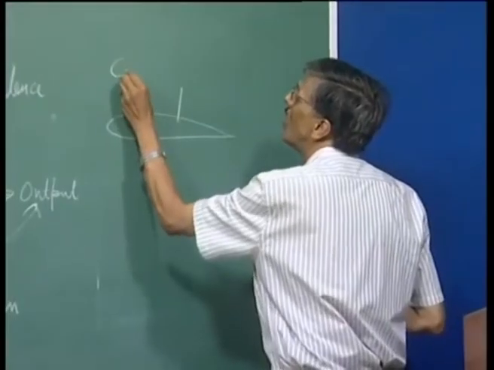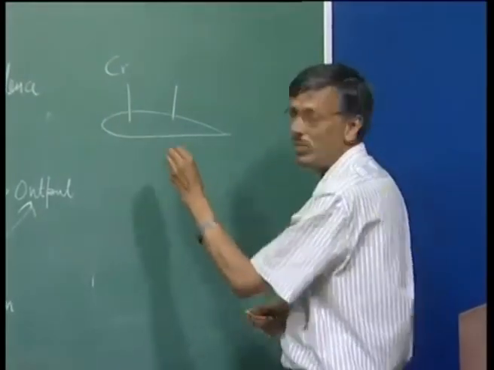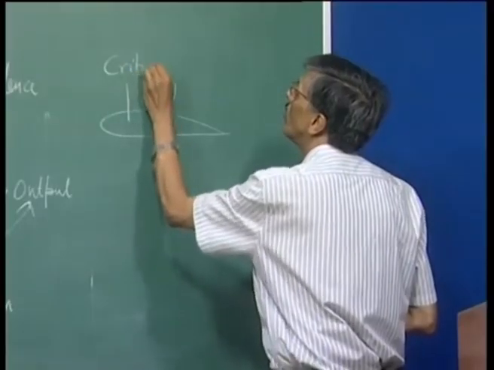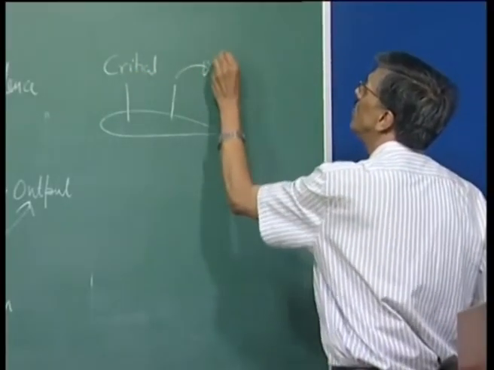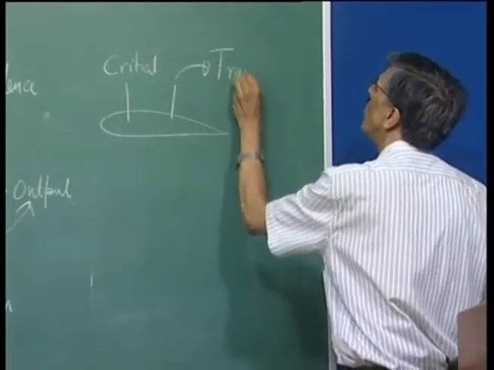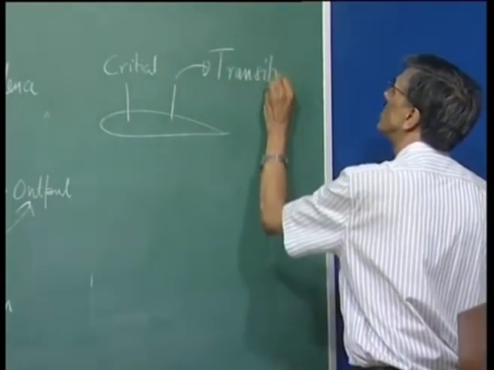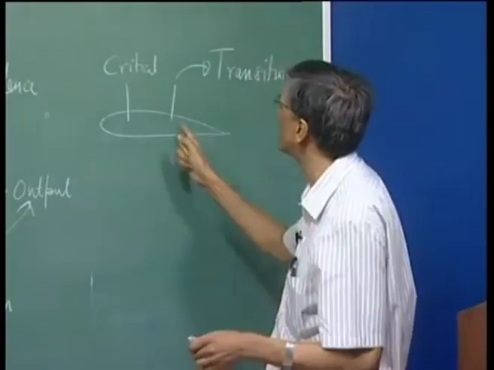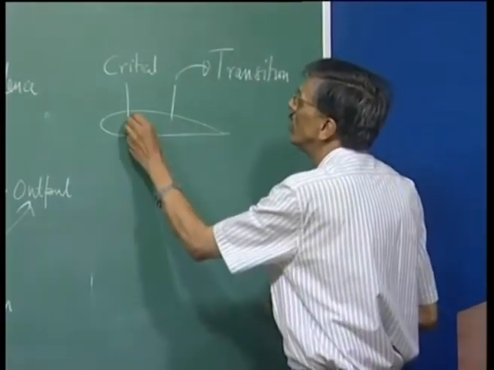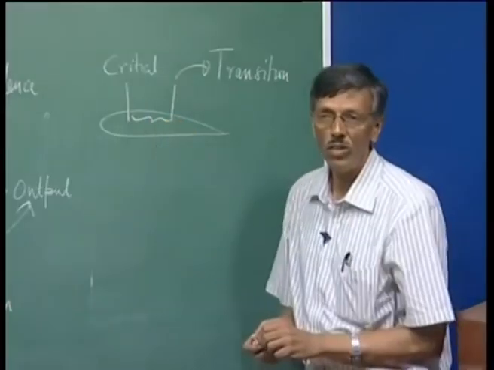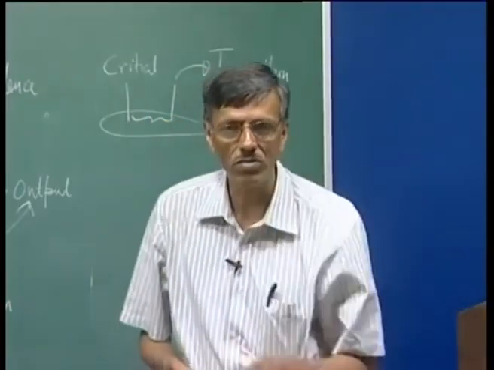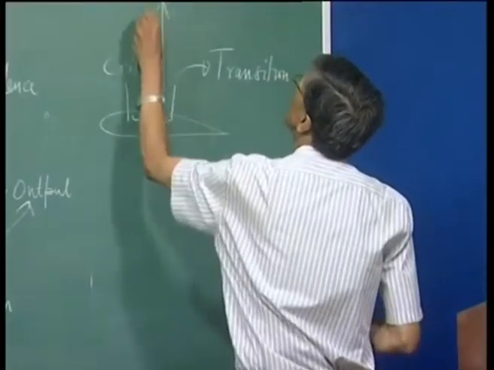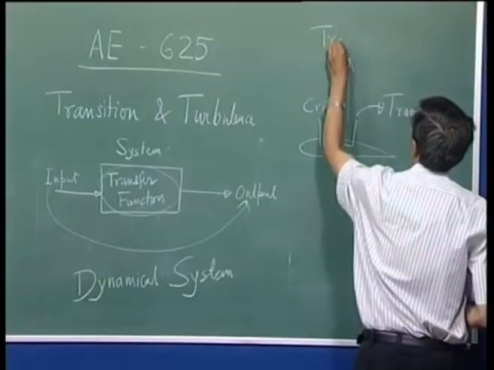So, this is what I may call the critical point, and this is where let us say finally the transition takes place. Well, there are various quantifiable definitions of transition. So, let us say we adopt one of those and that says it is there. So, this is a very non-trivial space. This is what we will be calling the transitional flow.